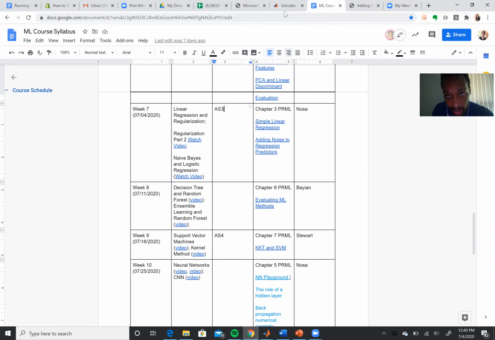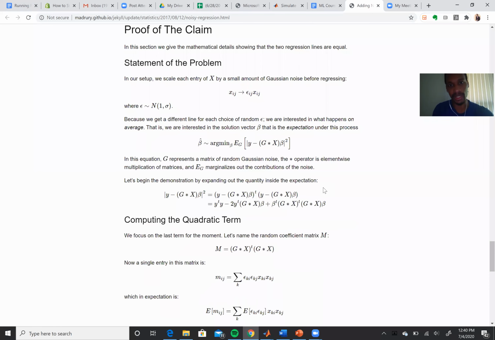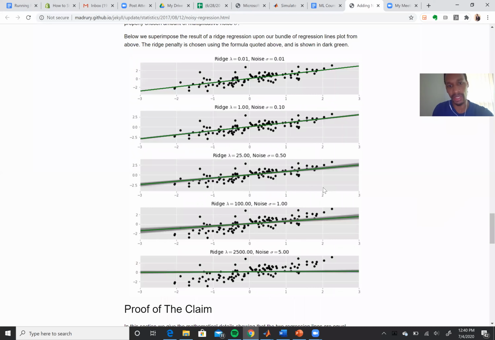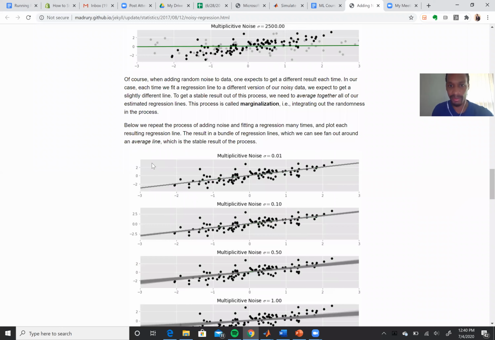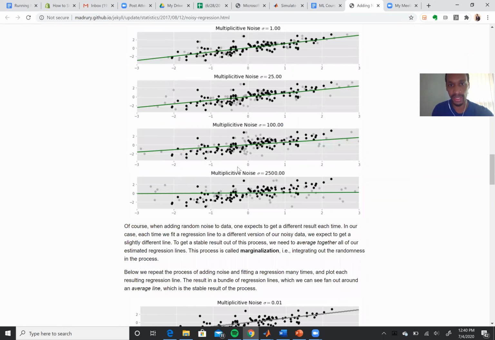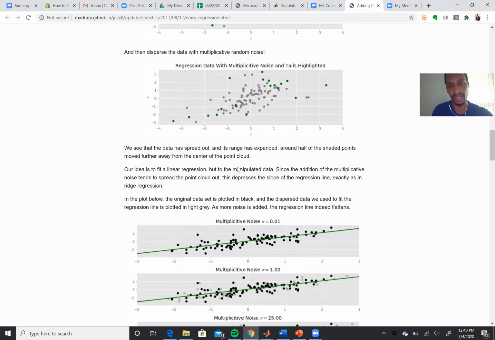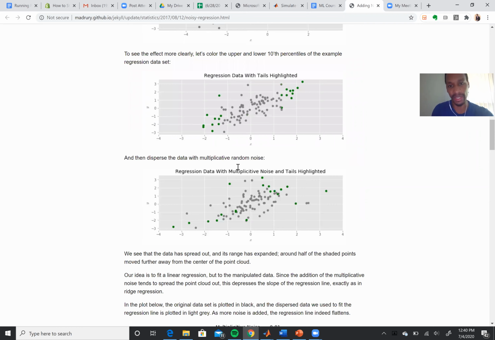It talked about how you can formalize this process by calculating some variance and doing a multiplicative noise thing. It's not that hard, but there's a formal way to do it.